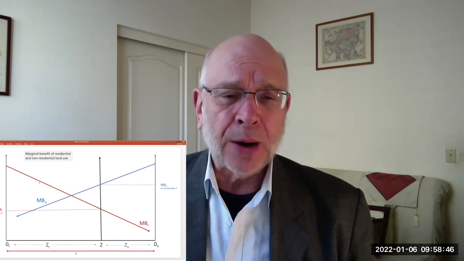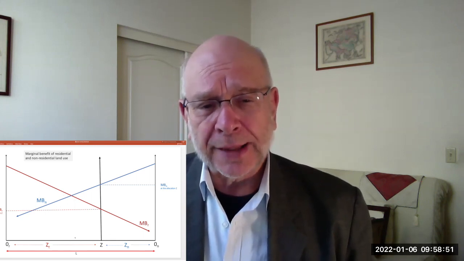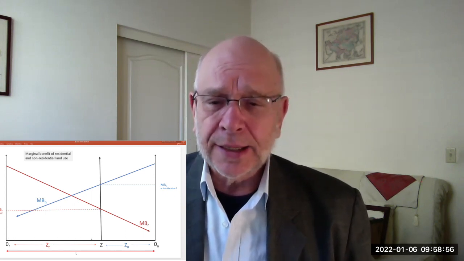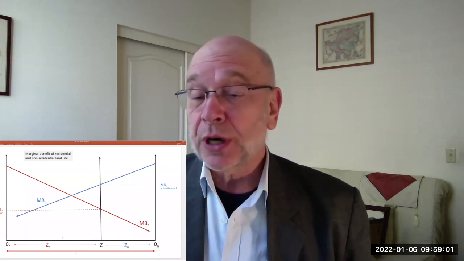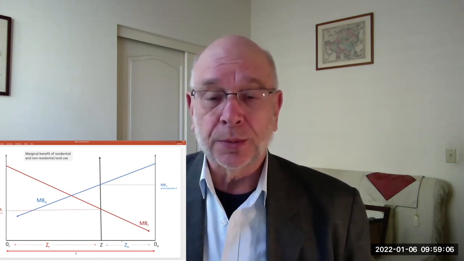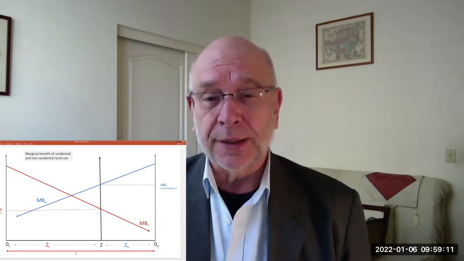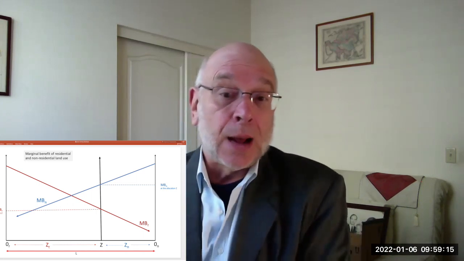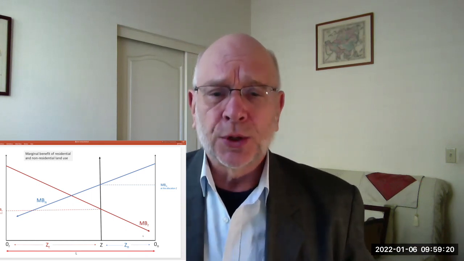If we're thinking about residential land use, as we move on this axis from left to right, we're increasing the proportion of land that is zoned residential versus non-residential. Because we're assuming that the total urban area is fixed, having more residential use comes at the expense of non-residential use. Either way, it adds up to the total.